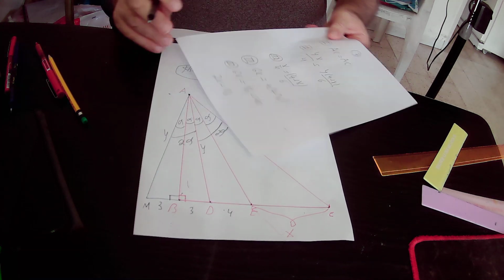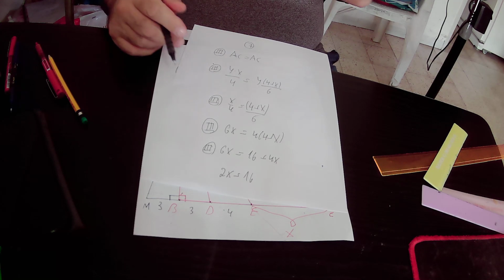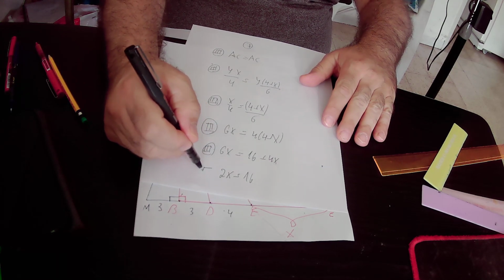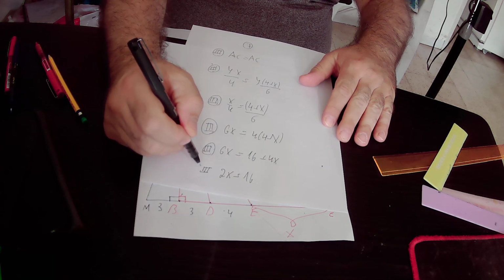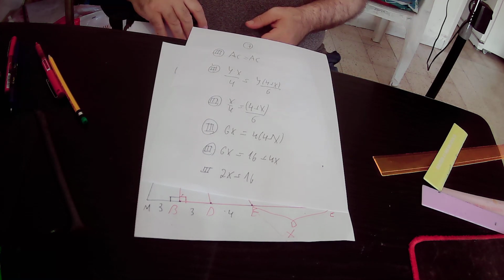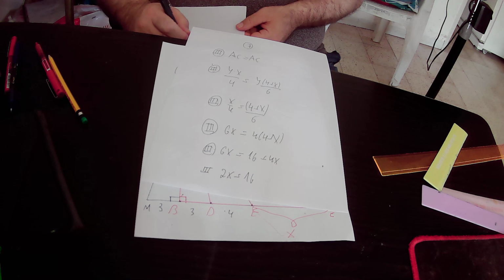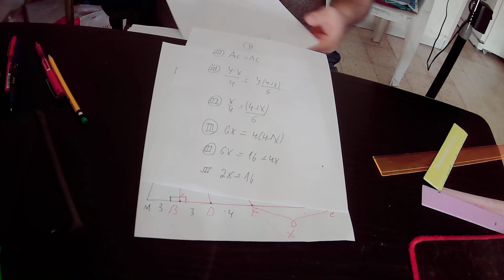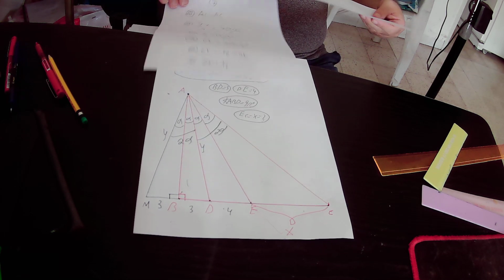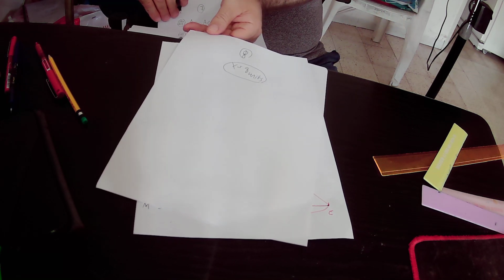So here we will divide equation number 3 by 2, and we will get that x equals 16 over 2, which is 8 units. Okay, so we found out that the value of x is 8 units.